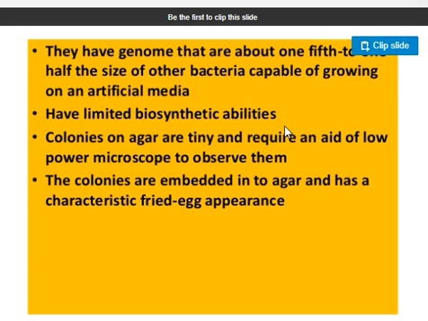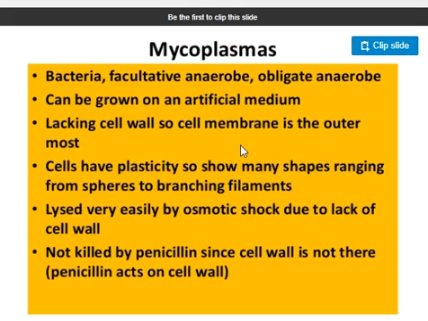Again, an important characteristic of Mycoplasma is that they have limited biosynthetic ability, and hence they are unable to grow frequently on various different media.